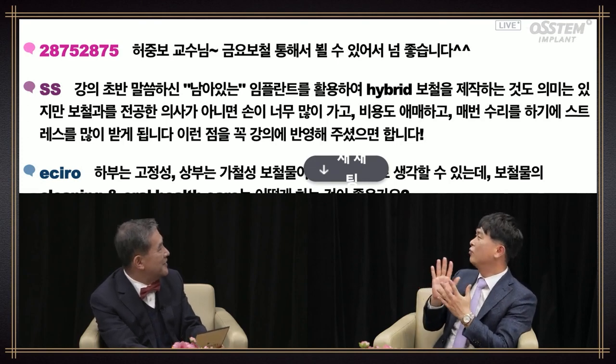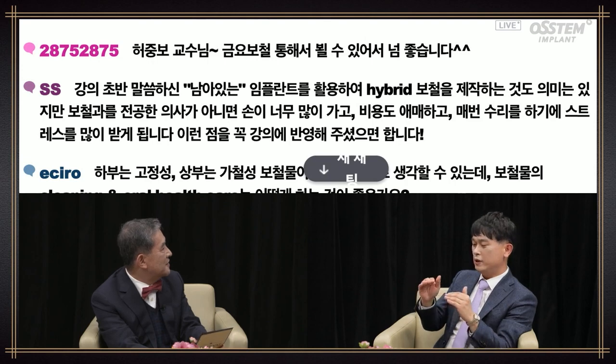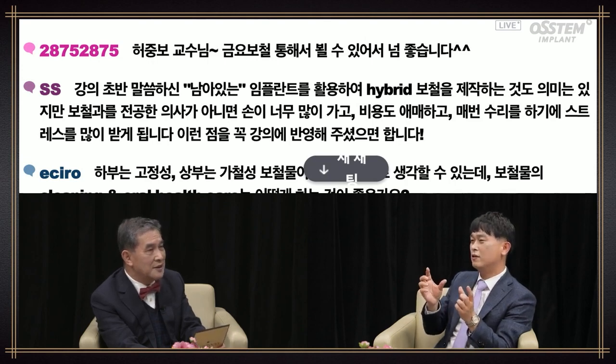Please keep that in mind. That's a good point. When we talk about a hybrid prosthesis, it is a metal frame with resin teeth using remaining implants, but due to complications, they break. When opposing teeth are strong, they break easily. That's why I use zirconia.